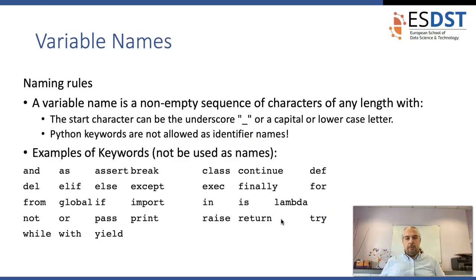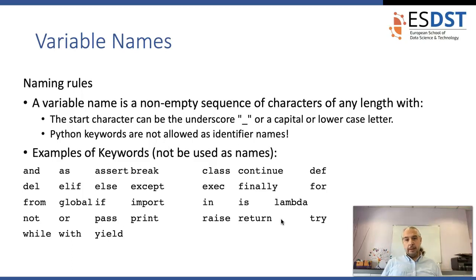How do we name variables? Can we do whatever we like? Well, a variable name needs to be a non-empty sequence of characters of any length, with the start character being an underscore or a capital or lowercase letter. So pretty much it needs to start with a letter or an underscore.